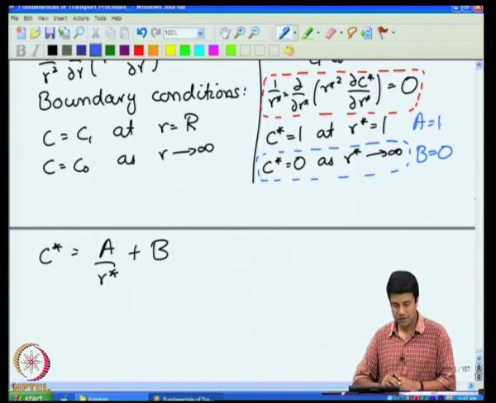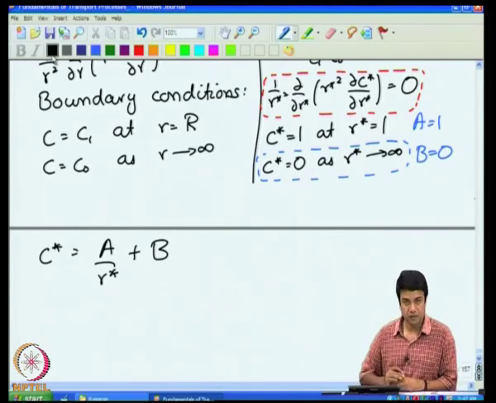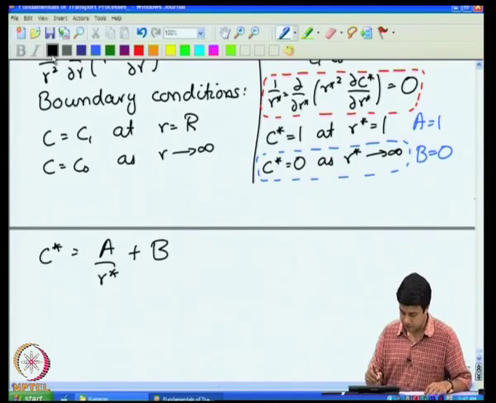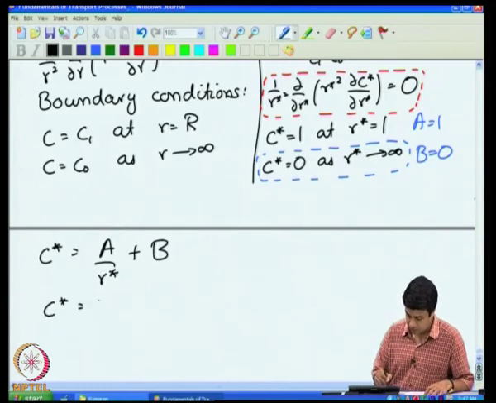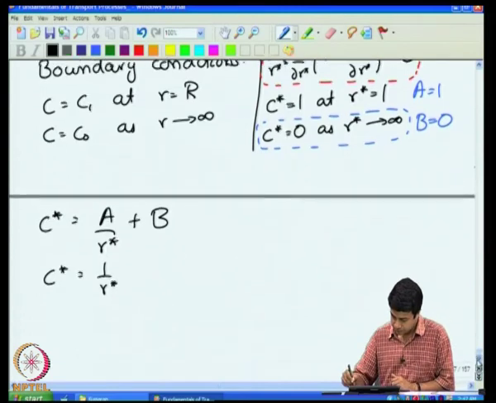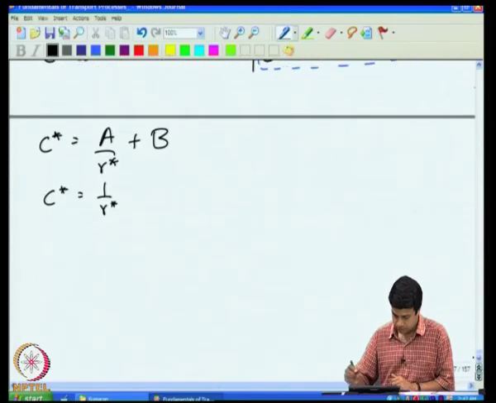So, I get a simple solution for this particular case for the concentration field outside of a spherical particle. C star is equal to 1 over r star.